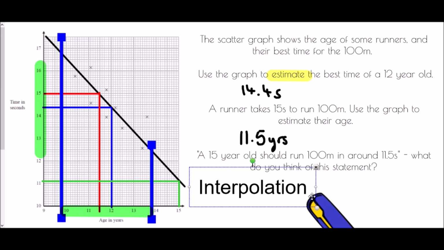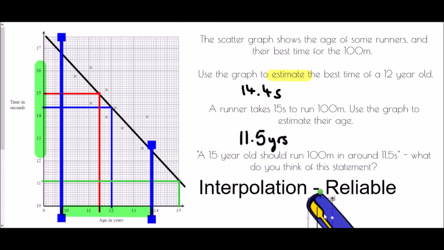If it's within the data set, it's interpolation, and that is reliable. It's something we can use. At the point of 15 years, that is a long way outside of the data. It's over a year away from the oldest person we actually have data about. And so that information would be known as extrapolation.